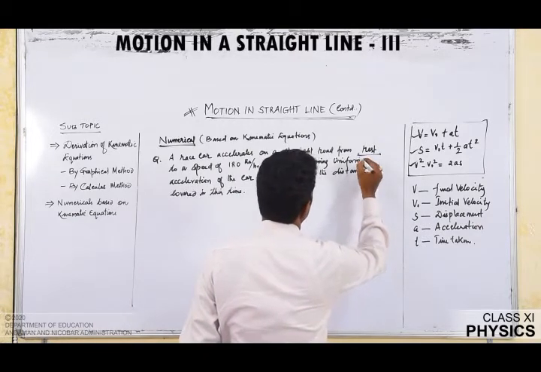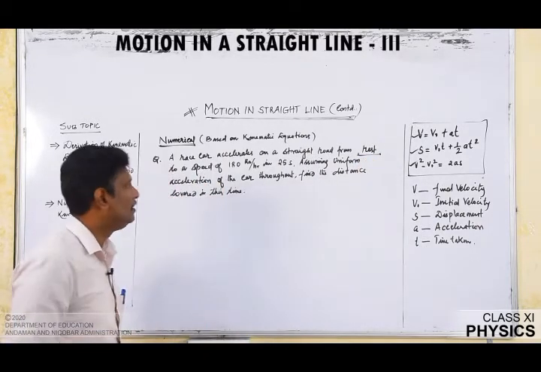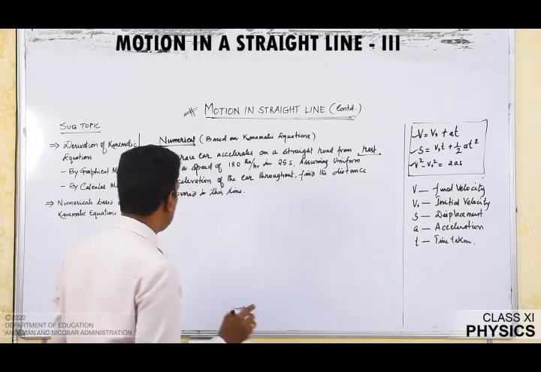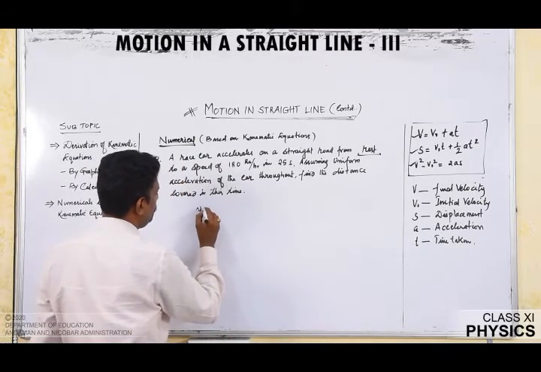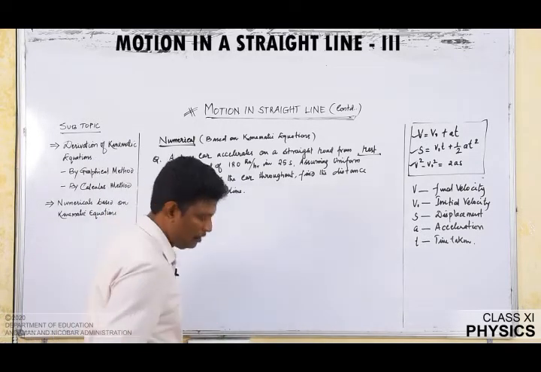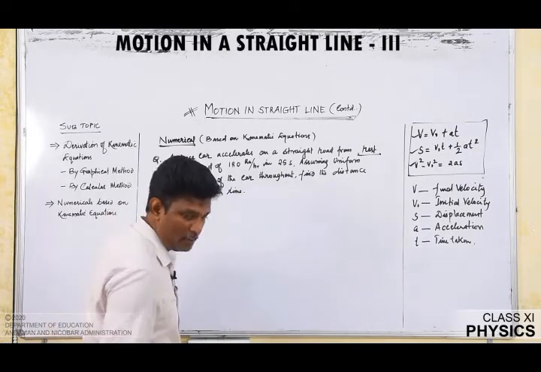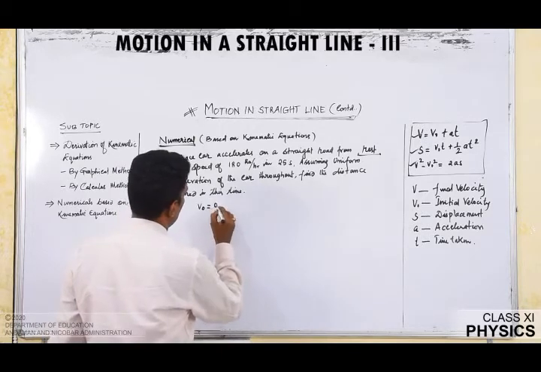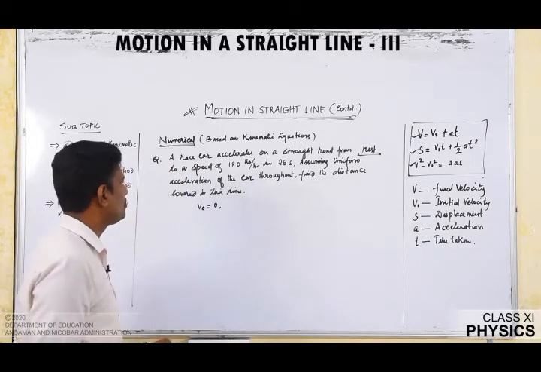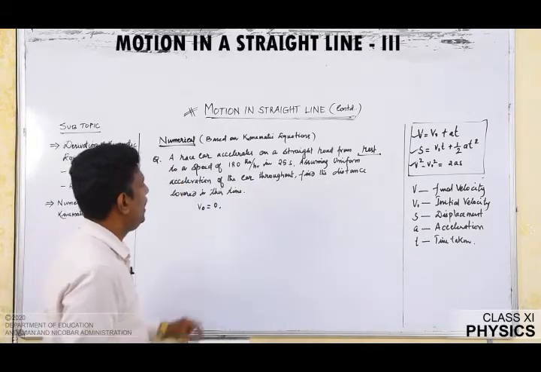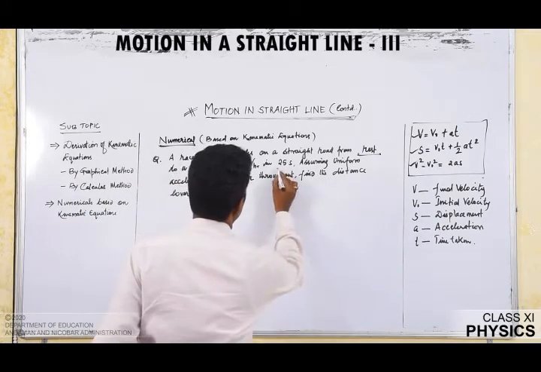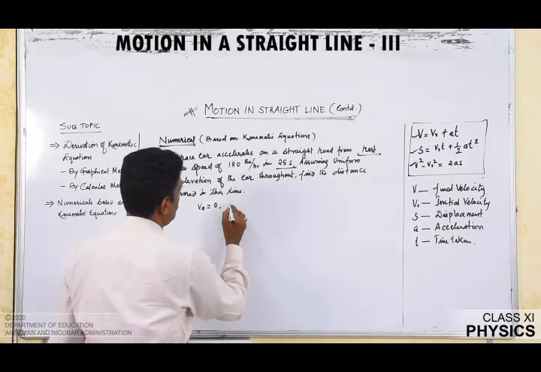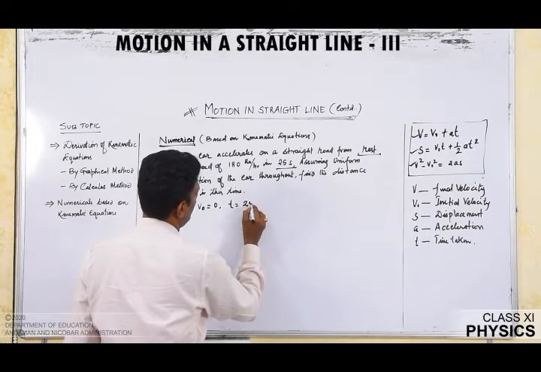Rest denotes that the initial velocity is 0. So, v naught is equal to 0, and the time is given, 25 seconds. So, t is equal to 25 seconds.